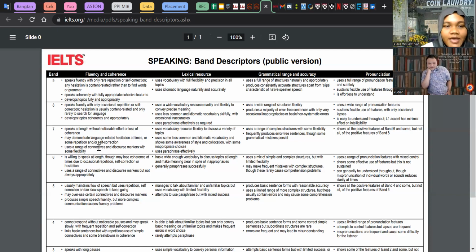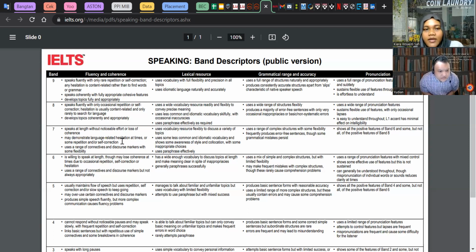That's such lovely answers. So, for fluency and coherence, you need to speak at length without noticeable effort. That means your effort to speak is not noticeable by the examiner, or you can just speak naturally without long pauses or too much stuttering. And you also need to demonstrate language-related hesitation at times, or some repetition or self-correction.